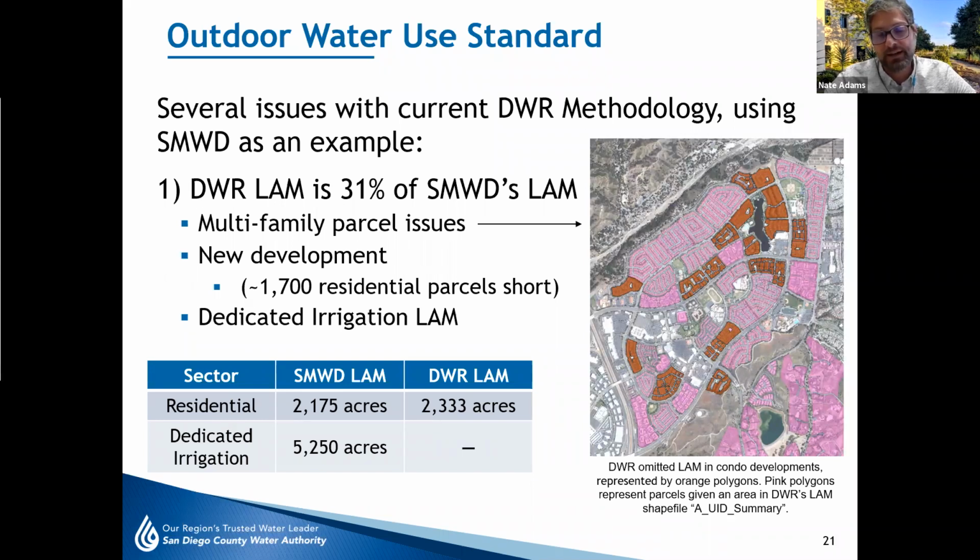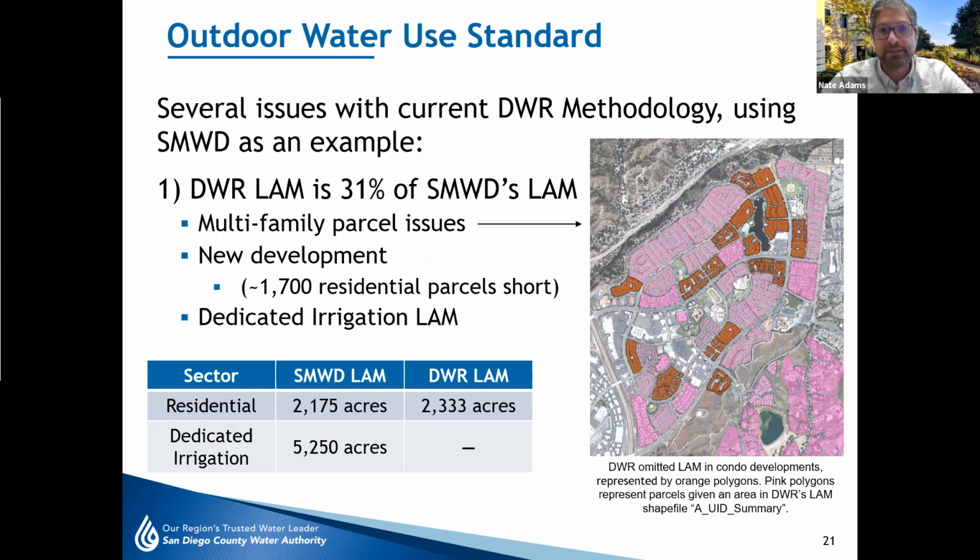Moreover, what I'm showing now is the city of Rancho Santa Margarita, up to the north. All of the pink polygons represent parcels that DWR has identified and given a landscape area measurement to. However, throughout all of our service area, they've omitted all of those condos and townhomes. They have not been included in DWR's landscape area measurements. Again, it really gets back to the land use code issue at the assessor's level.